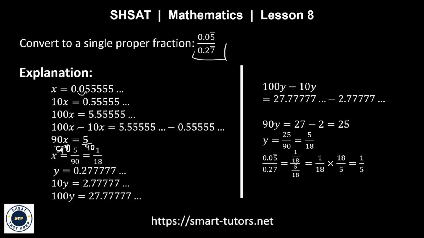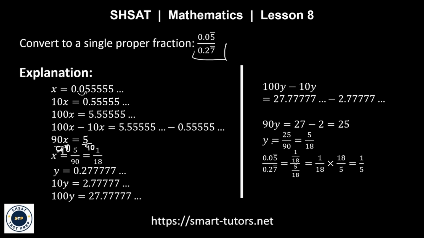You can do the same thing as we did with the x, so multiply by 10, that becomes 2.777. Multiply y by 100, you get 27.777. And you subtract 100y minus 10y, 27.777 minus 2.777. And so you would have now 27 minus 2, that would give us 25. So you have 90y equals 25.